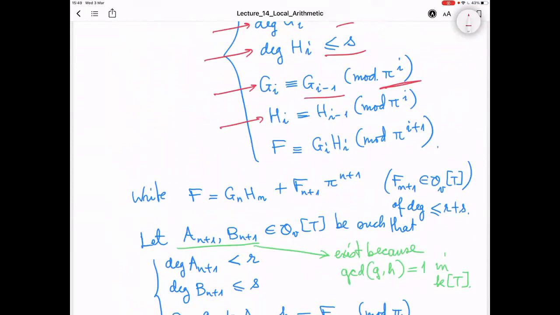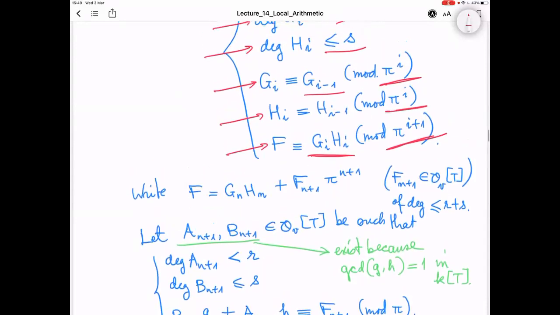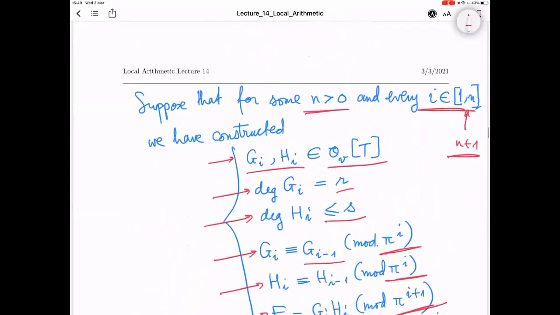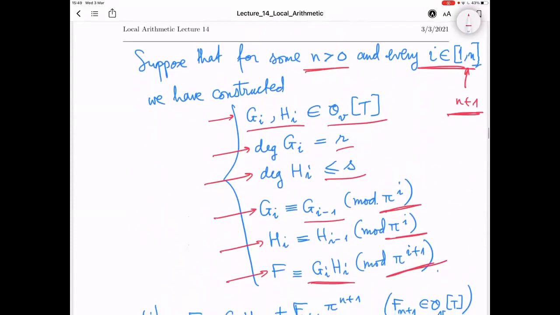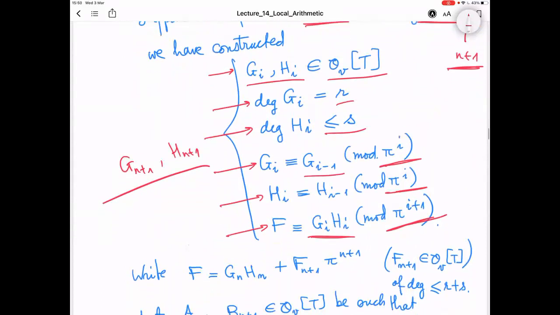Hi is congruent to hi minus 1 modulo pi to the i. And f is the product of gi and hi modulo pi to the i plus 1. Then I want to go from n to n plus 1 and find polynomials gn plus 1, hn plus 1 satisfying similar conditions.